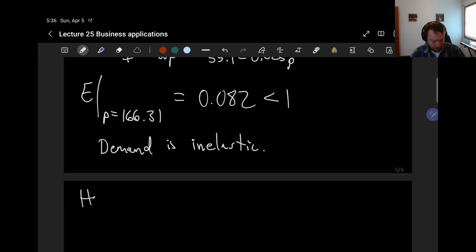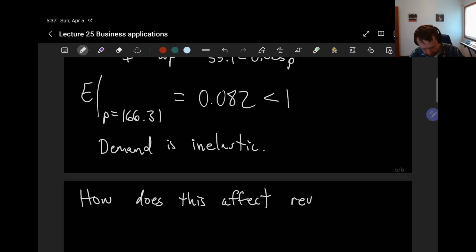So that's, as a company, our real important metric, right? Is how much revenue are we getting? So how does this affect revenue?